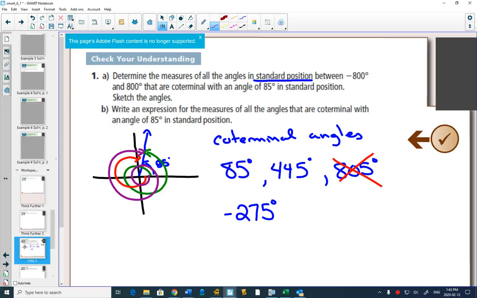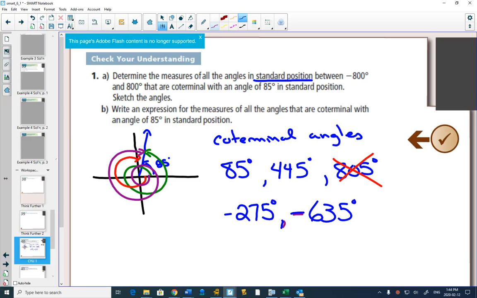If I subtract another 360 off of this, I'm going to get negative 635 degrees. And if I did it again, it would be past negative 800. Okay. So those 4 angles are all the coterminal angles between negative 800 and 800.